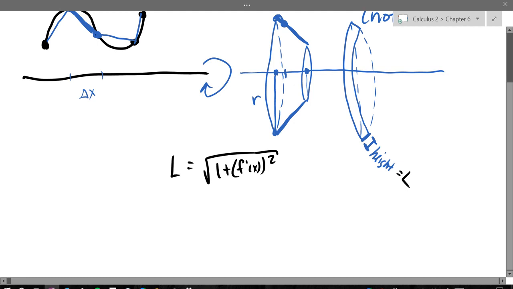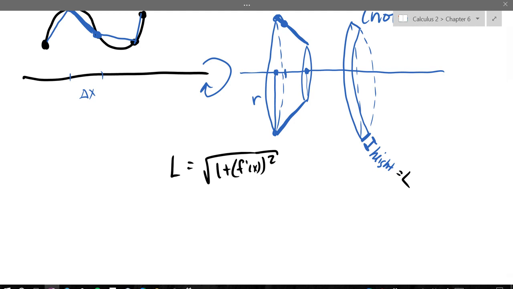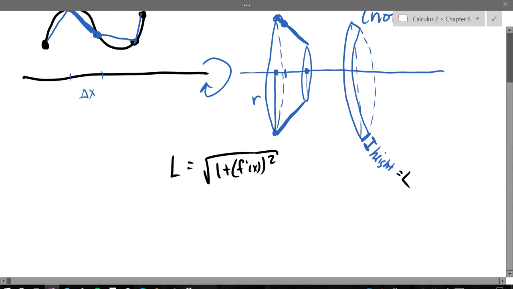That's L. It is the length of that little segment right there. You flip back like 3 pages in your notes, we got this very carefully back there by using slope and f prime and doing some funky algebra.